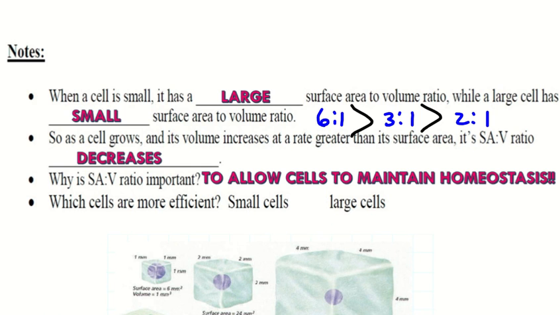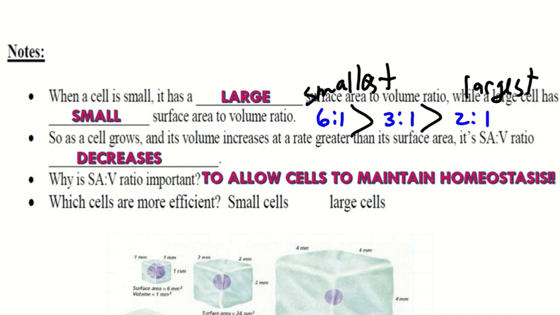So let's do a little bit of review. When a cell is small, we have a large ratio. You want a large ratio. That is a good thing. So a large ratio as 6:1 is greater than 3:1, which is greater than 2:1. So this is going to show that 6:1 is the smallest cell, and a 2:1 ratio is the largest cell.